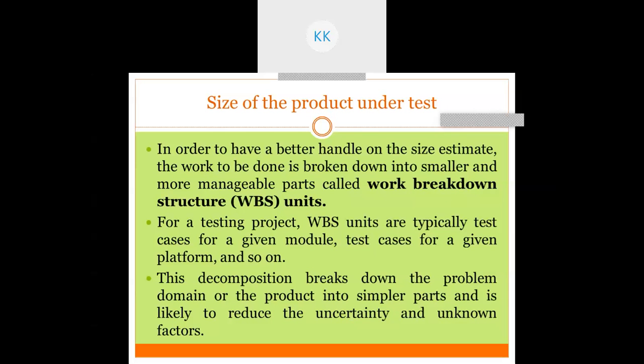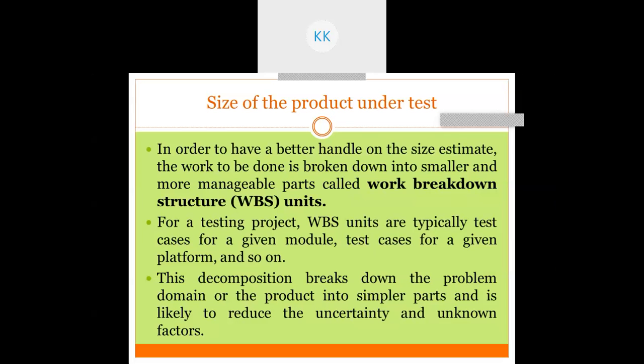In order to have a better handle on the size estimate, the work to be done is broken down into smaller, more manageable parts called the work breakdown structure, WBS. For a testing project, WBS units are typically test cases for a given module.